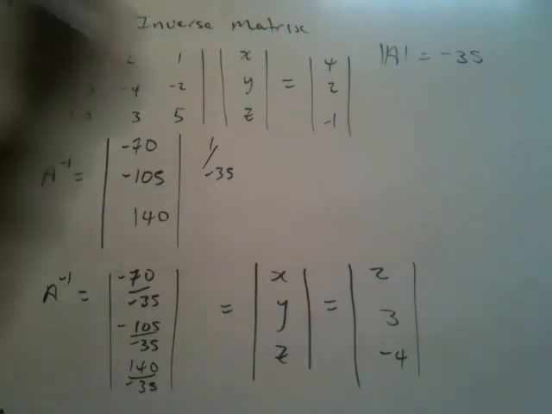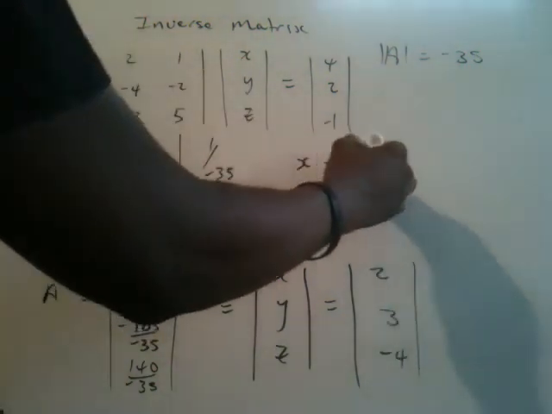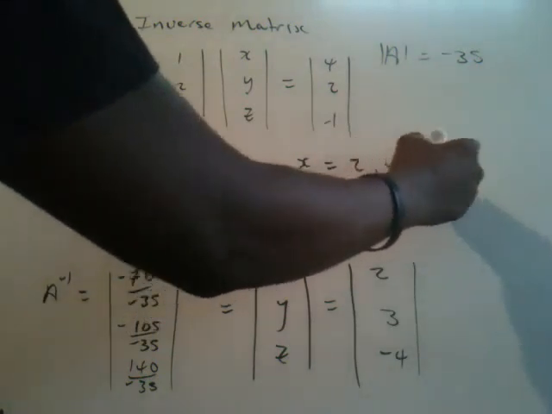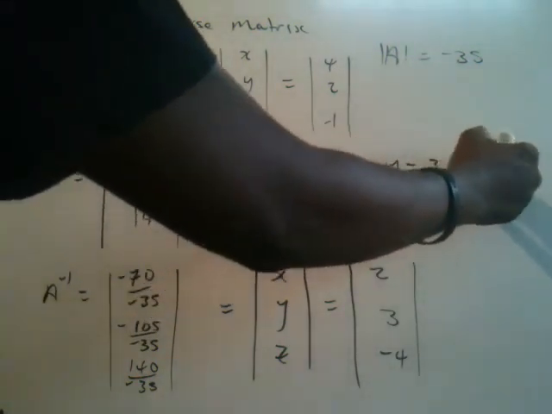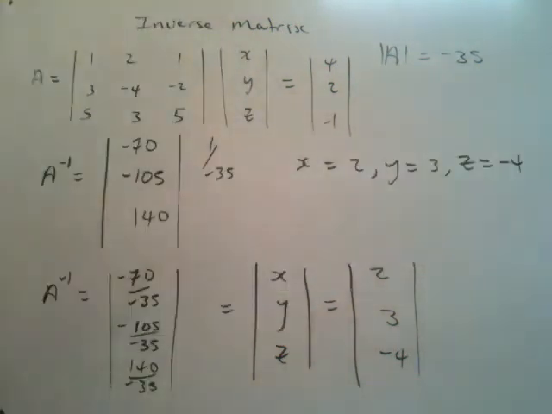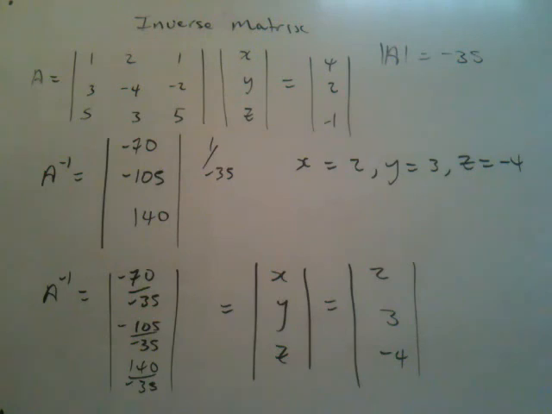So we can see x is equal to 2, y is equal to 3, and z is equal to -4, using the inverse of a 3 by 3 matrix.